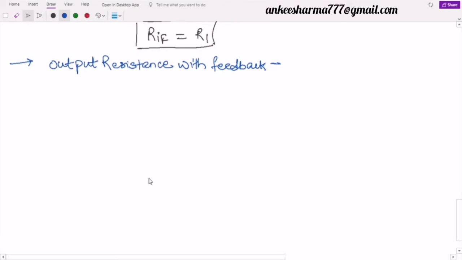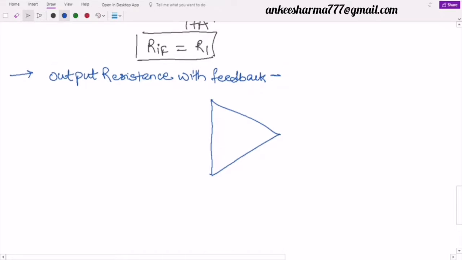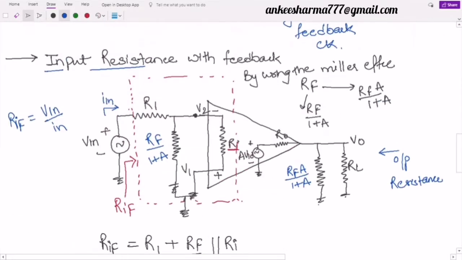I will draw the diagram. In this diagram I want to make a small change just for better understanding. What is that change? The non-inverting terminal I'm shifting to the upper side and inverting to the lower side, means this plus circuitry will be shifted towards the upper side and the negative circuitry towards the lower side.